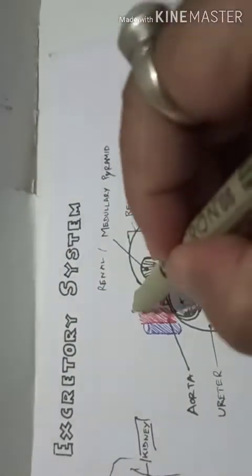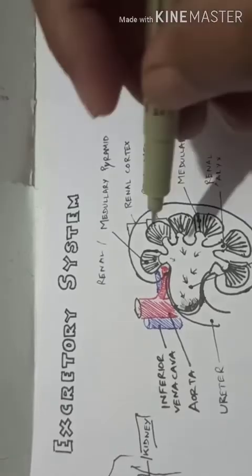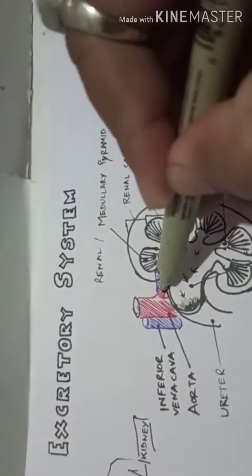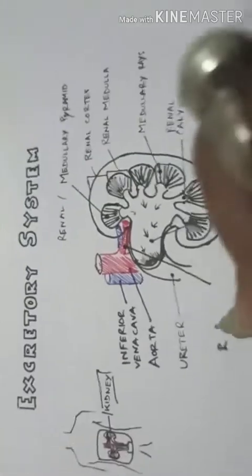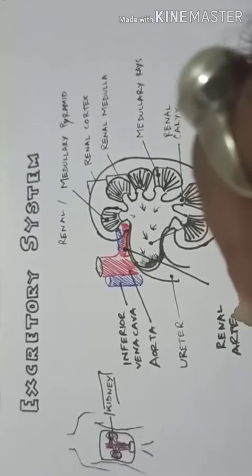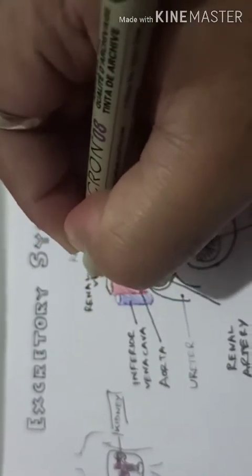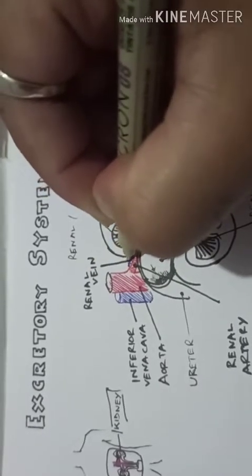So the names are: the descending aorta, which is this portion; the inferior vena cava; this one is the renal artery; and this is the renal vein.